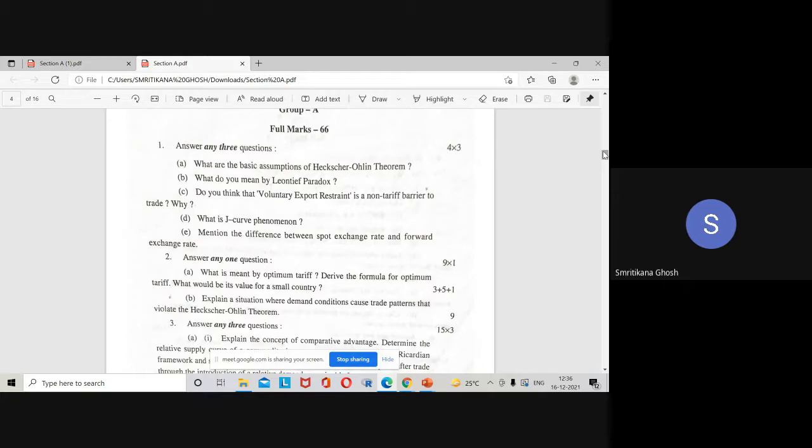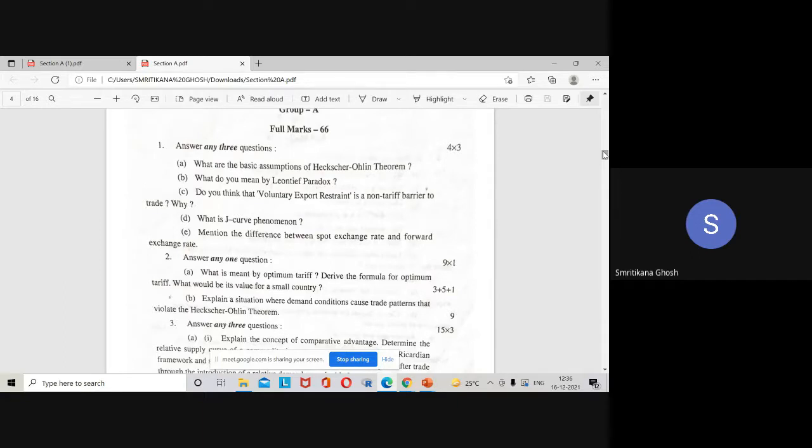Explain a situation where demand conditions cause trade pattern that violate HO theorem. HO theorem is saying a capital abundant country should export capital intensive commodity.